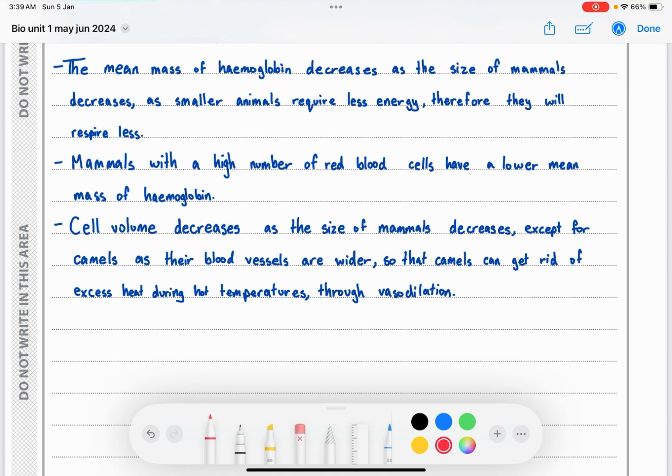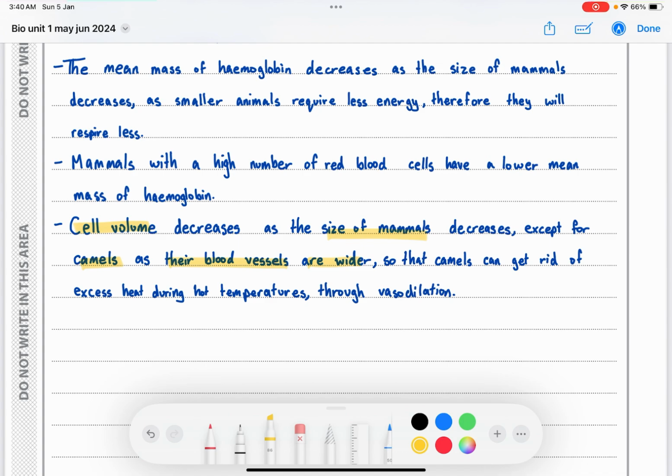Now, the last point. Of course, there are some other points that you need to mention, and I will mention them. But yeah, cell volume decreases as the size of mammals decreases. So again, we're looking here at the cell volume. Size of mammals decreases, except for camels, as their blood vessels are wider.